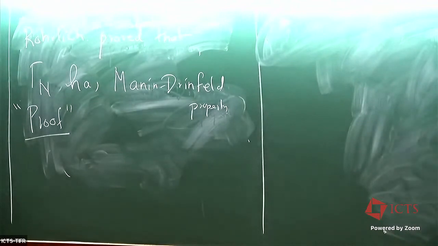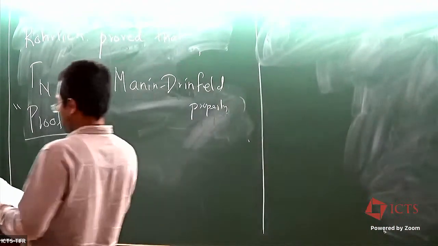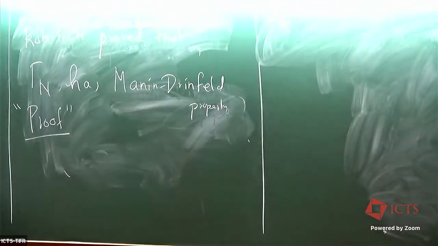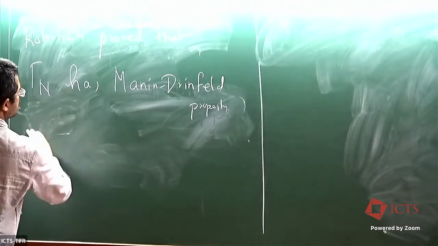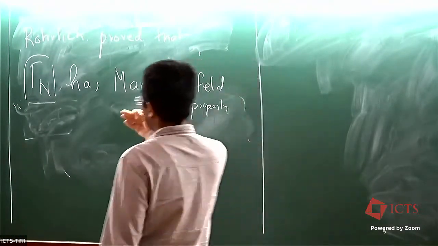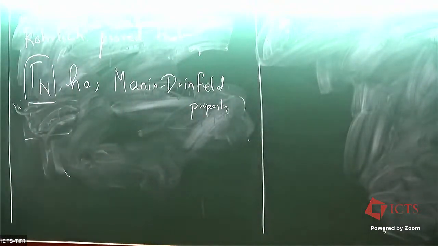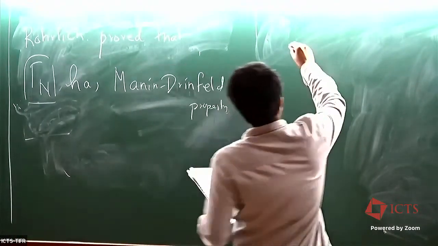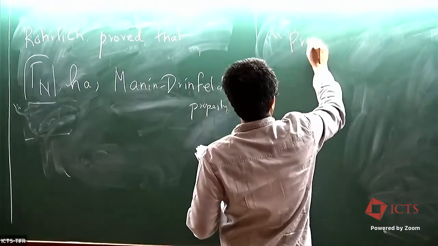Okay, so yes, I'll prove that gamma n, however, has this Manin-Drinfeld property, but you have to go beyond gamma n. There are some curves for which this Manin-Drinfeld property is not true, and the proof is the following.